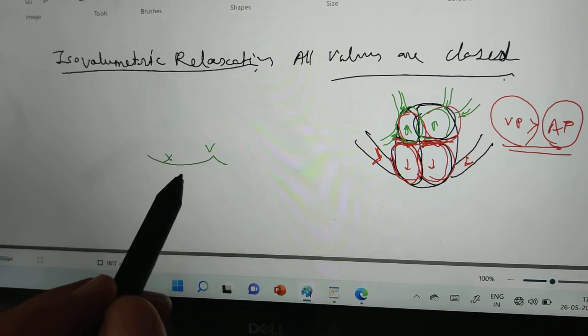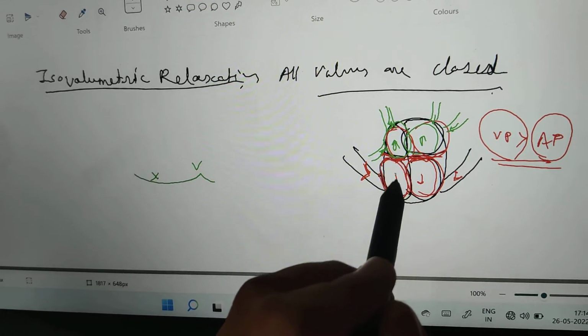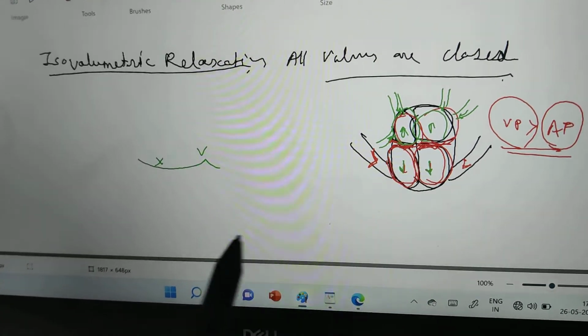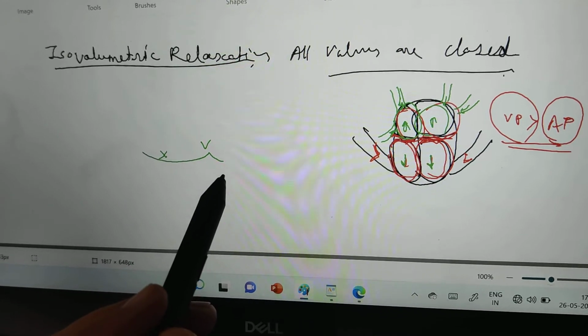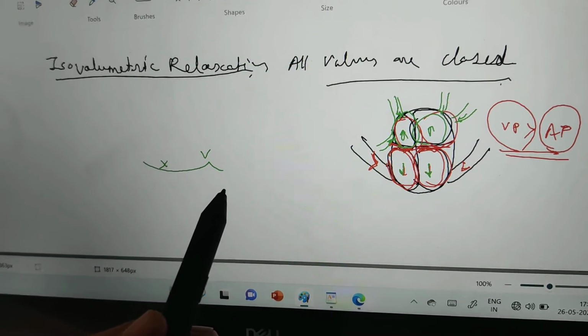It's seen here as the ventricles continue to relax, the ventricular pressure falls below that of the atrial pressure and the AV valves open.